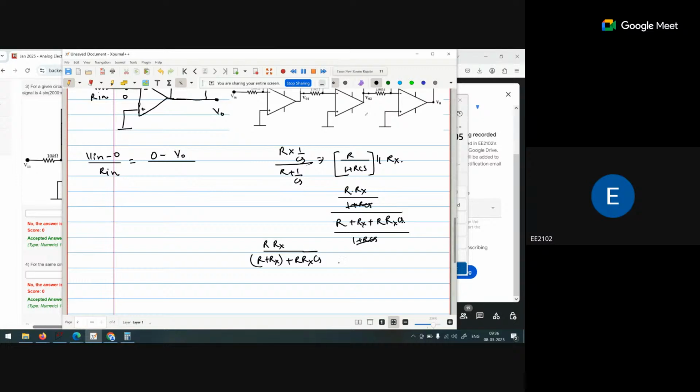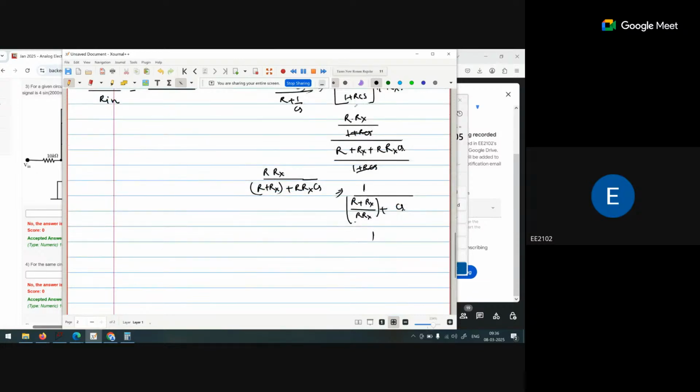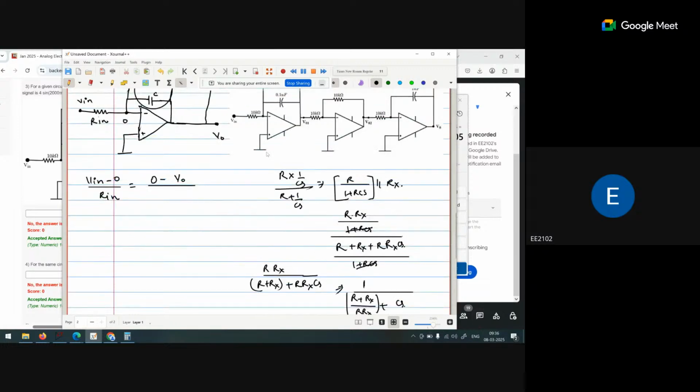Okay, and if I divide by RRX, it becomes 1 upon (R plus RX upon RRX) plus CS. And what is this? This is the parallel combination. So 1 upon R parallel with RX plus CS.